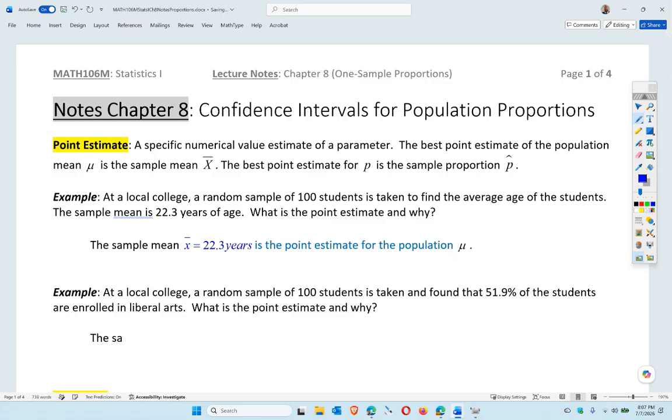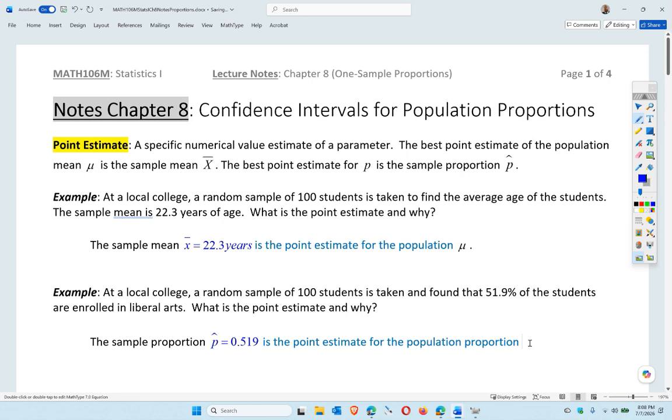The sample proportion, p hat, is the point estimate for the population proportion P. Notice how they always put a little hat above it to make a sample, right?